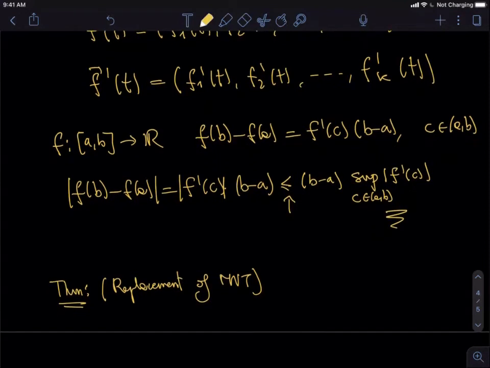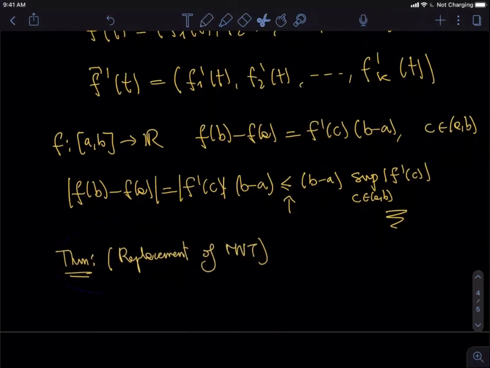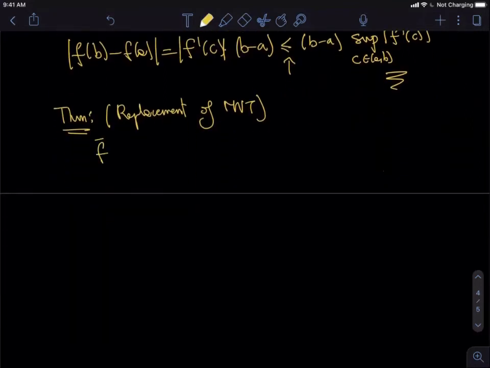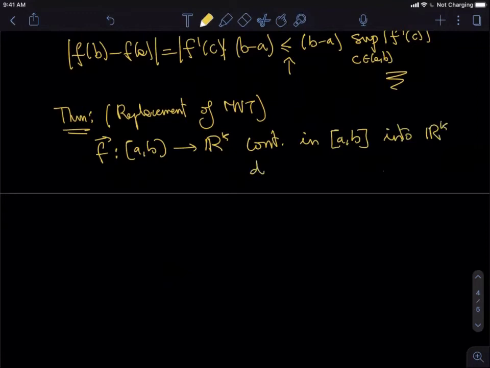So this type of inequality is what we can get as a replacement of the mean value theorem for a function with vector values. Okay, let's say this one is continuous in [a,b] into R^k, and it's differentiable in the open interval.